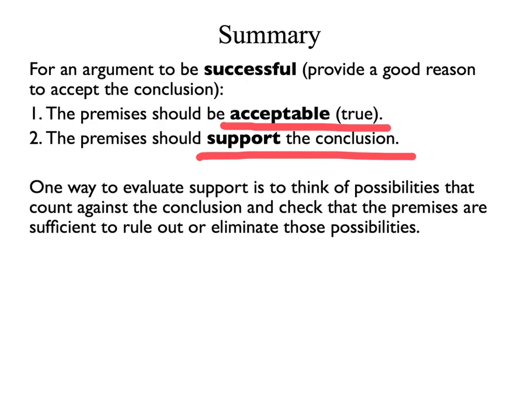So when you're evaluating an argument, you have to consider both of these criteria separately. And I said that one way you could evaluate support is by thinking of possibilities, possible cases or situations that count against the conclusion, or in which the conclusion isn't true, and then check to see if the premises are sufficient to rule out or eliminate those possibilities.